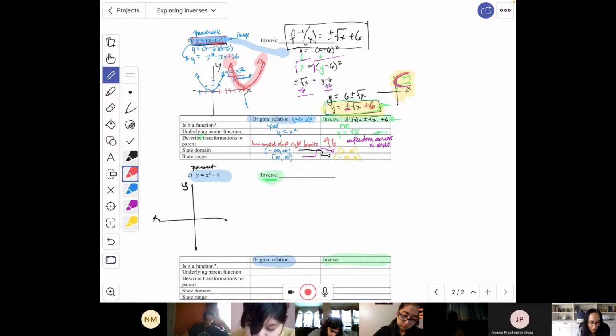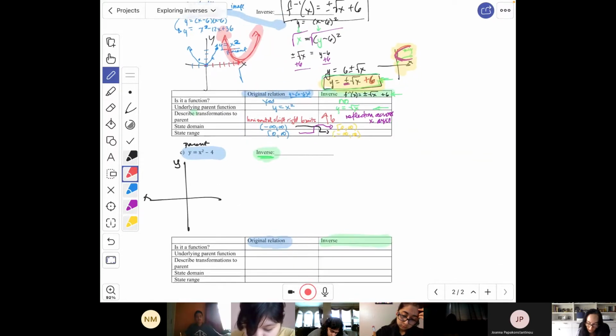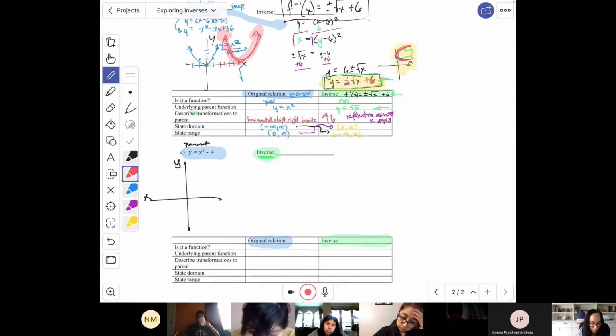When you think you've been able to find the answer, the inverse, and populate the table, raise your hand in teams. Or if you need help, let us know. Don't just sit there floundering.